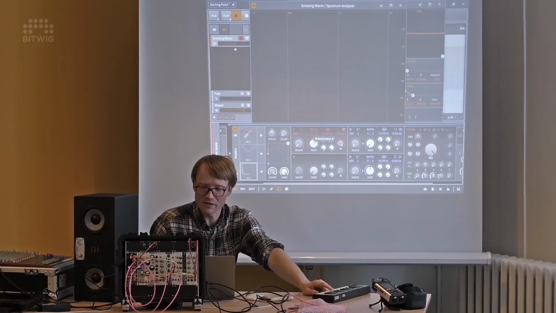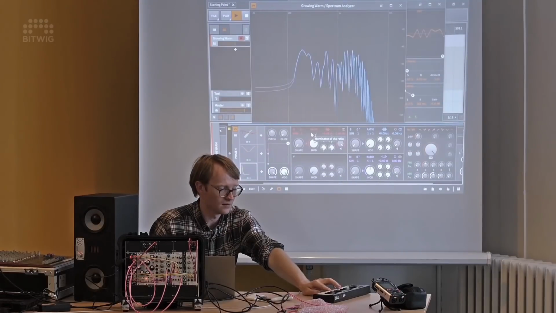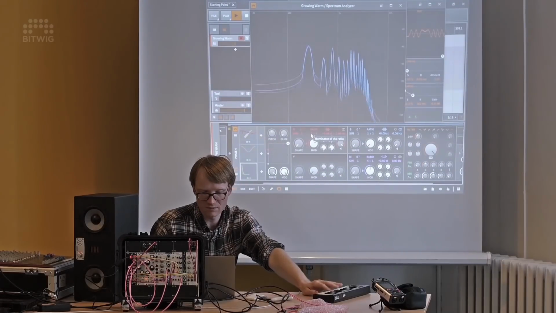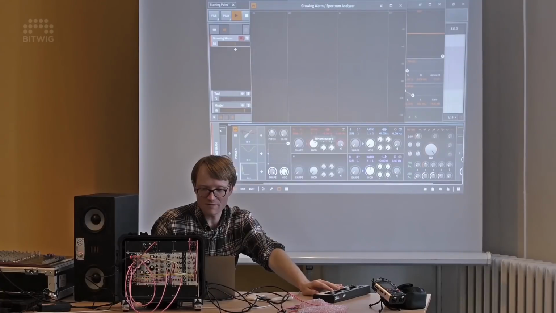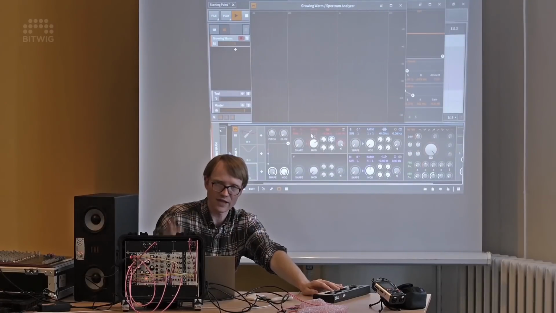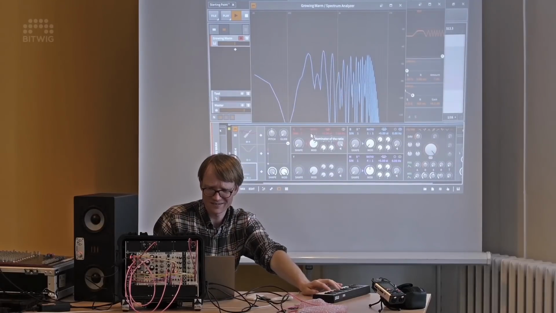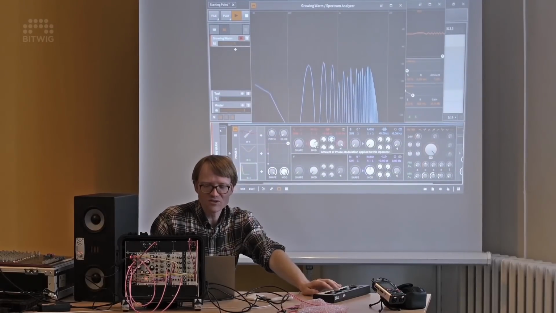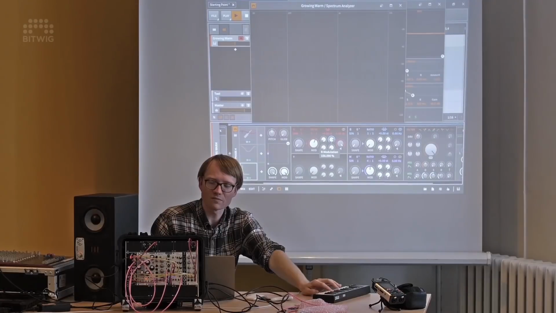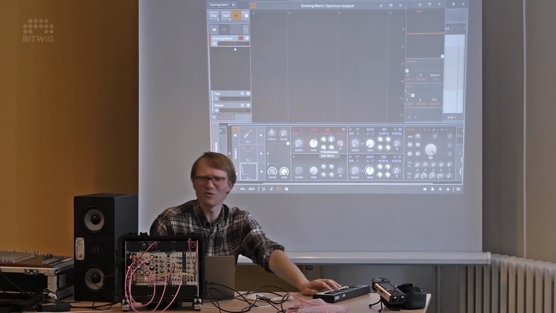So again, 1 to 1, this is the actual. Now if we go up 7 to 1, basically an octave and a flat seventh up. So if I totally remove the index of modulation, now we're just going to hear a sine wave that's tuned off.